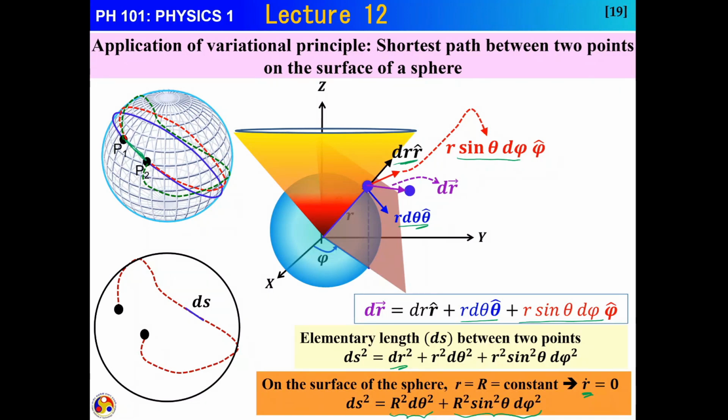Now you take this and put it in that function that you know, f of y, y prime, x. Here it is theta or phi, you have both to play with.